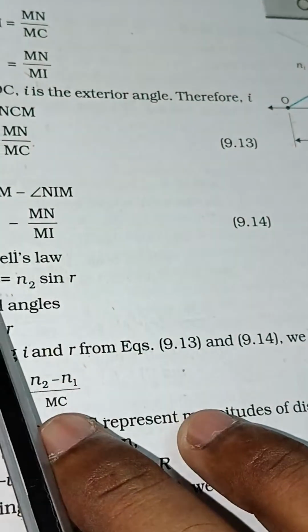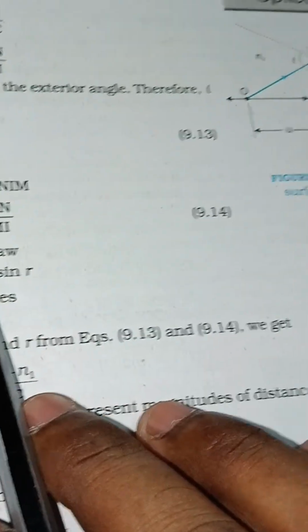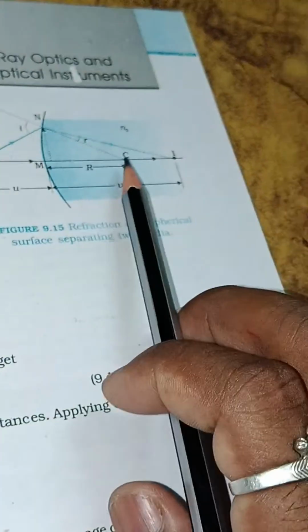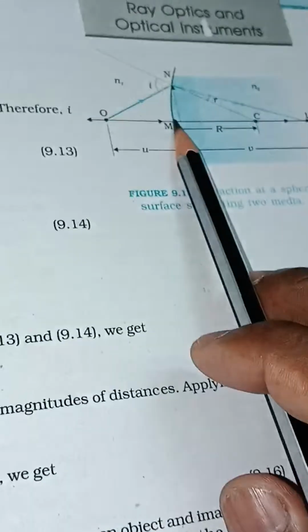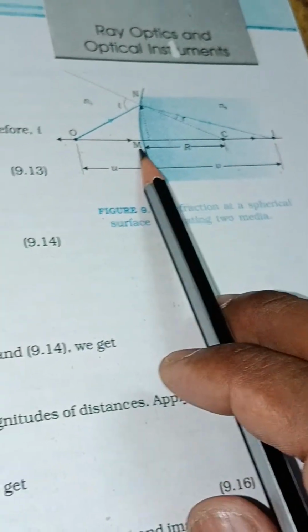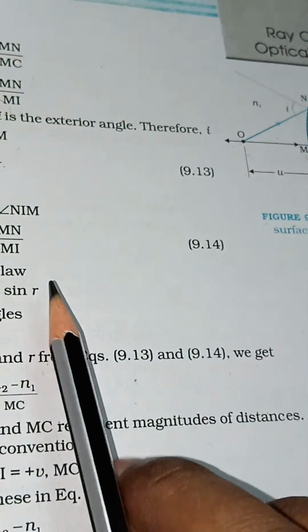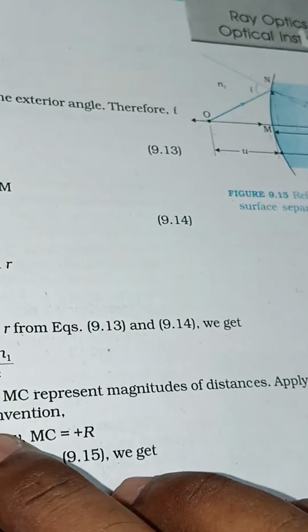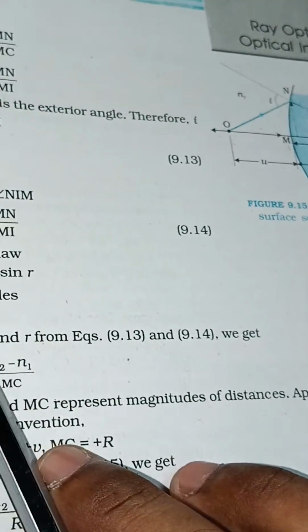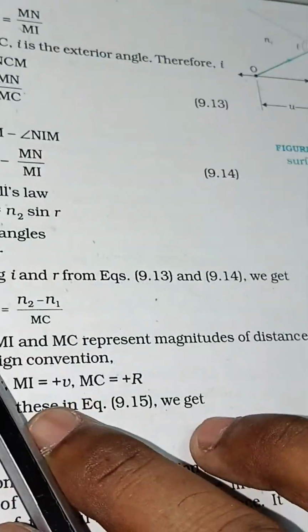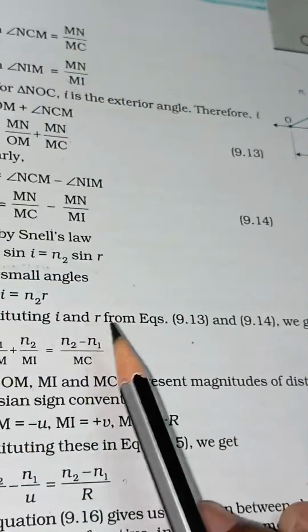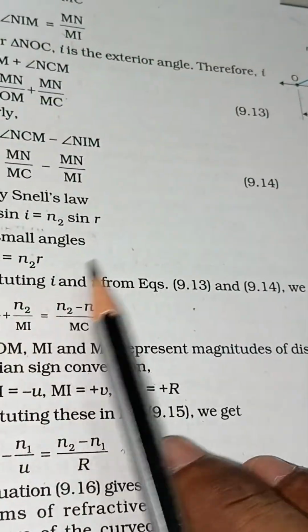Similarly, we can also write r equal to angle NCM minus NIM. Next, we can write by Snell's law n1 sin i is equal to n2 sin r, and for small angles n1 i is equal to n2 r.